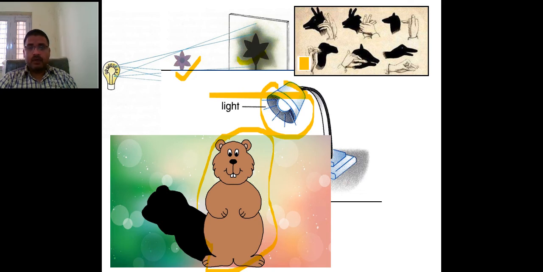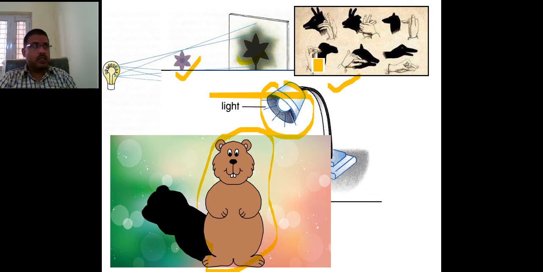Here, with the help of different positions of our fingers, we can make a shadow. And I hope that you will practically try this at your home, by using your fingers in front of the light coming from your tube light or somewhere else, on the screen.